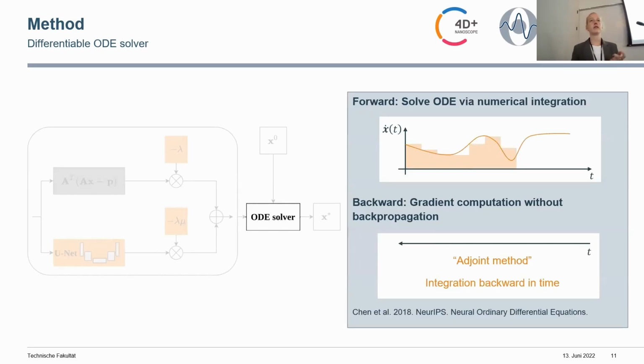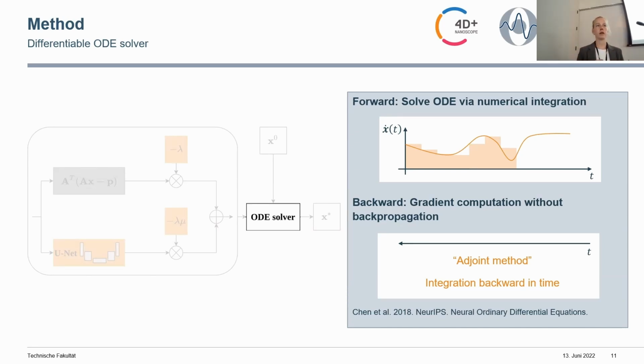These solvers have been proposed in 2018 by Chen et al. in a paper called Neural Ordinary Differential Equations. And basically what the solver does is during the forward pass, it simply solves the given ordinary differential equation using numerical integration. And now the trick is during the backward pass, because in order to compute the gradients with respect to our free parameters, we do not need to do backpropagation through the internals of the solver.